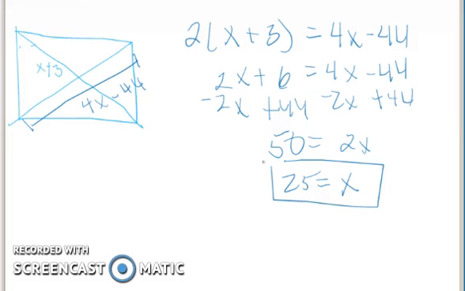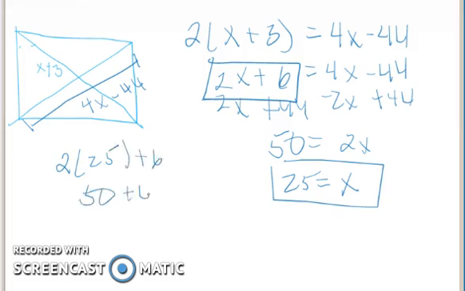So that was x. And then RC is the full length. So if I plug in 25 into this piece right here, which is double AR, we should get RC. So we should get 2 times 25 plus 6. So that's 50 plus 6, that's 56, equals the length of RC.